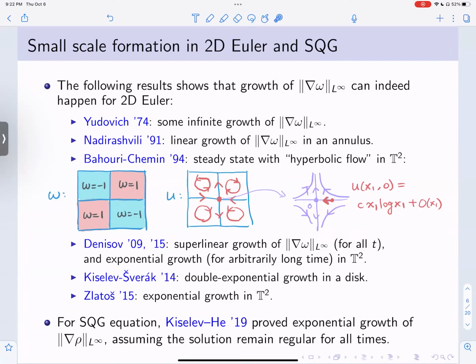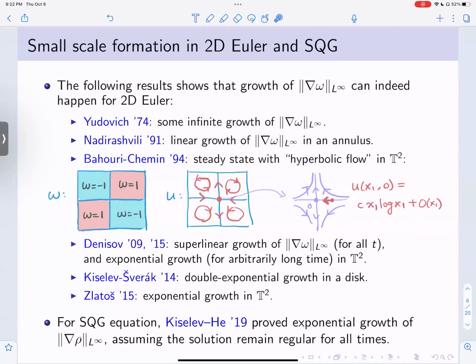Such a steady state is called the hyperbolic flow, because if one computes the velocity field associated to that vorticity, the flow looks like this kind of hyperbolic structure near this point, which is a stagnation point.